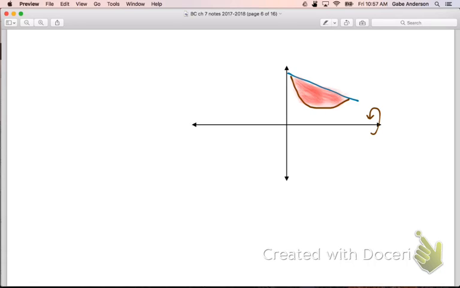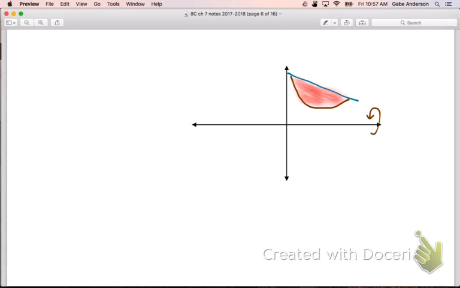First of all, hopefully we can see that there's quite a bit of space. The important thing is there's some space between the axis of rotation and the region. And so as you rotate that region, the other part of it would look something like this. You've got a big gap in the middle, right? You've got a hole there for sure. And so because there's going to be a hole right there, we've got to use the washer method.